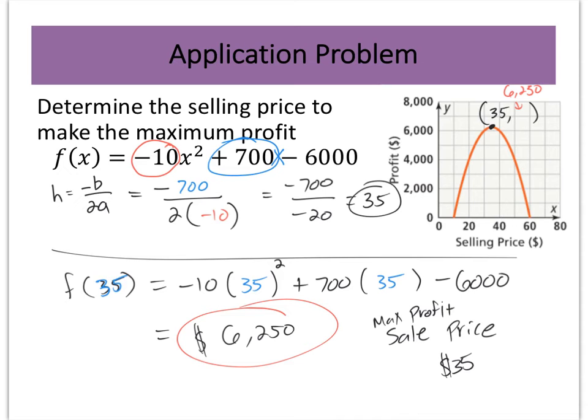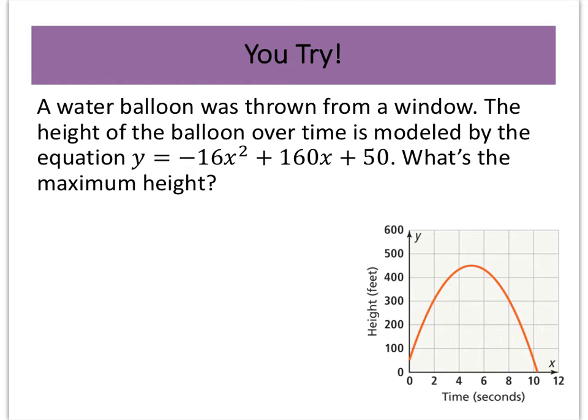We're going to do a practice problem. All right, I'm going to encourage you to pause the video and just try this. I'll go through it in just a moment, but I want you to give it a shot first. So if you think about a water balloon being thrown, and it's really starting from not on the ground, we know that it's thrown from a window, the height of the balloon over time is modeled by this equation, and we're trying to look for the maximum height value.